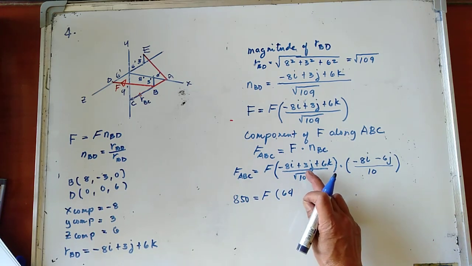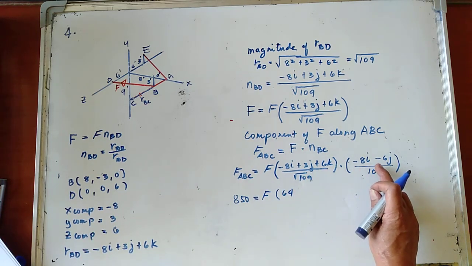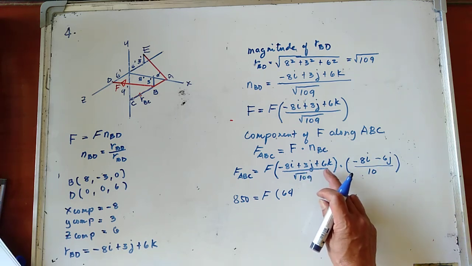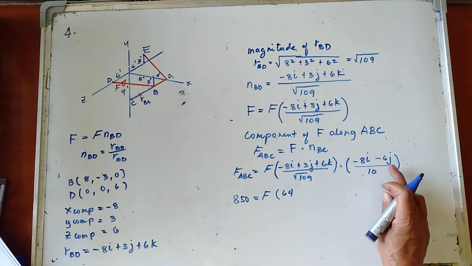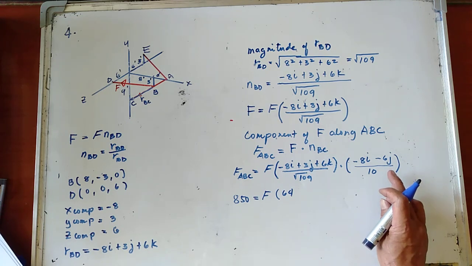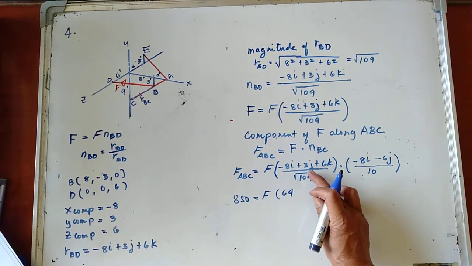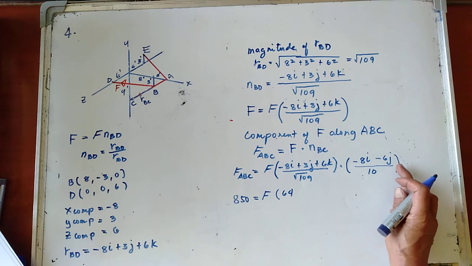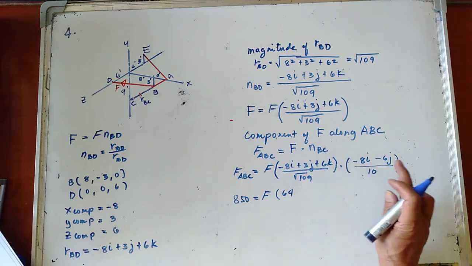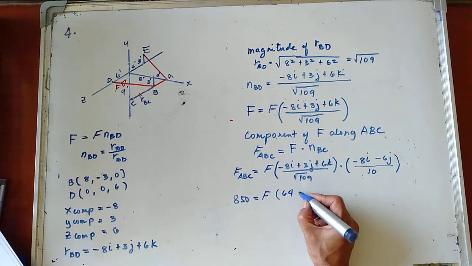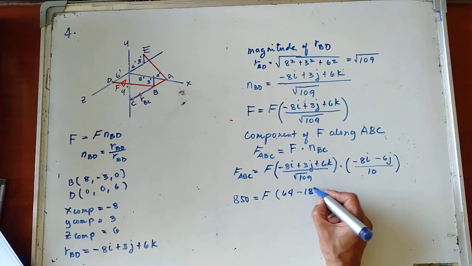And then for J, we do not have J in here, so 3 times 0 is 0. And then we have 6 by negative... So there is 3j and we have minus 6j. So 3 times a negative 6 is negative 18.